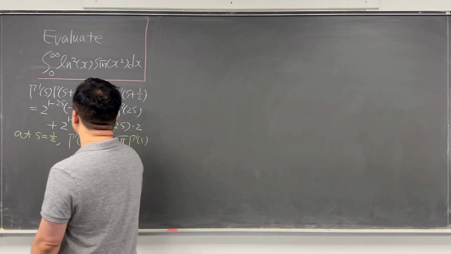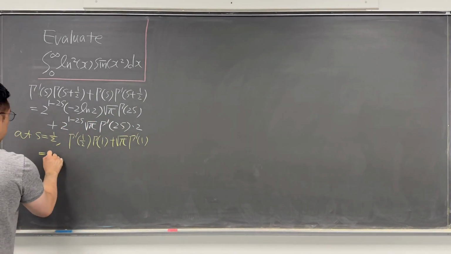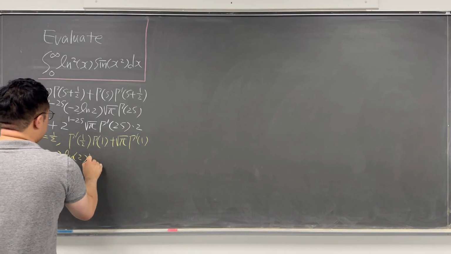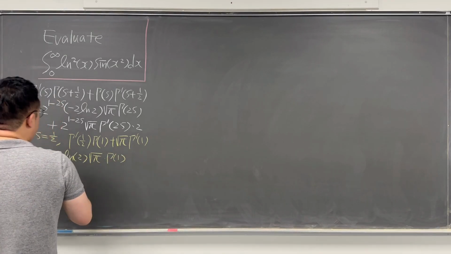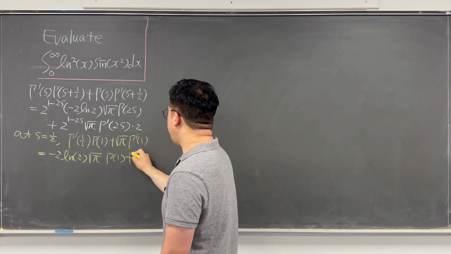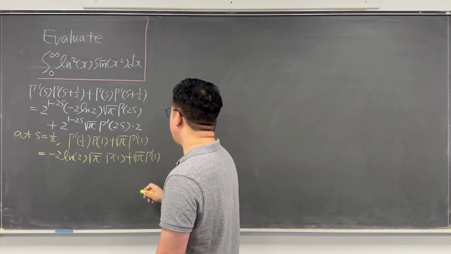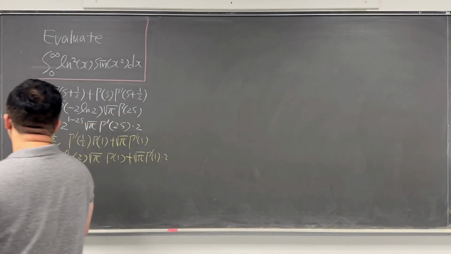This is going to be equal to negative 2 ln 2 times square root of pi times gamma of 1, and then that plus square root of pi times gamma prime of 1 times 2.